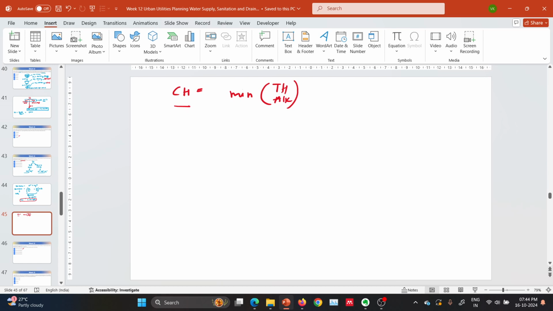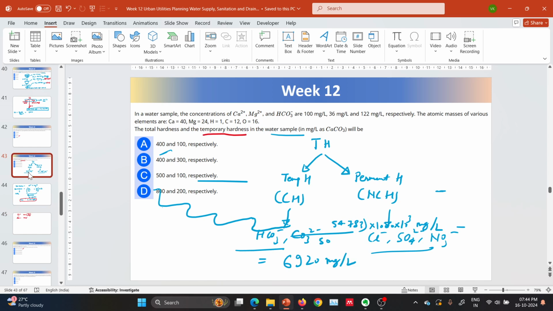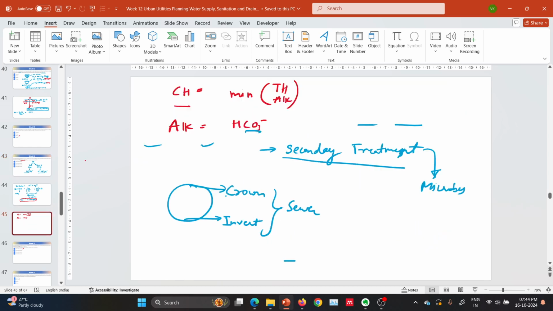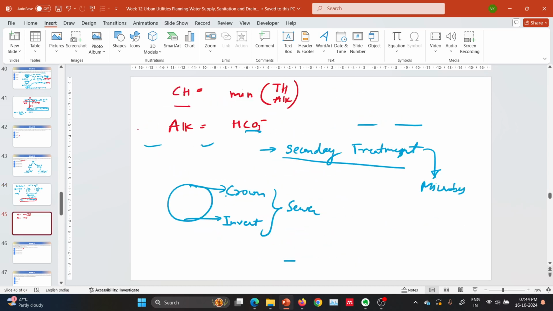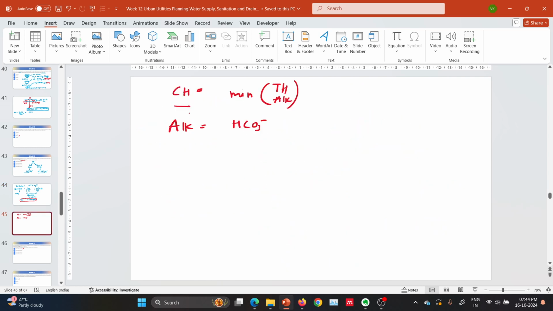So total hardness we have calculated. Now let's calculate alkalinity. Alkalinity here is imparted by HCO3 only, and HCO3 has a concentration of 122 milligram per liter.